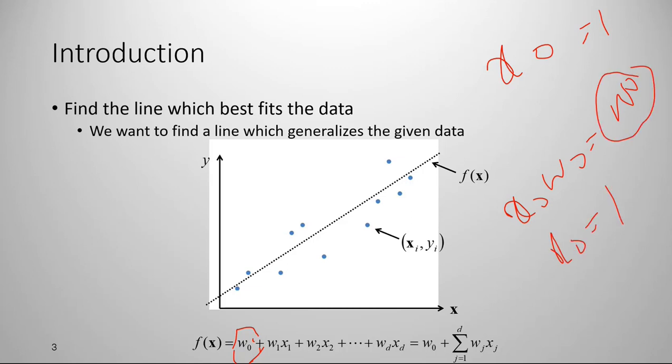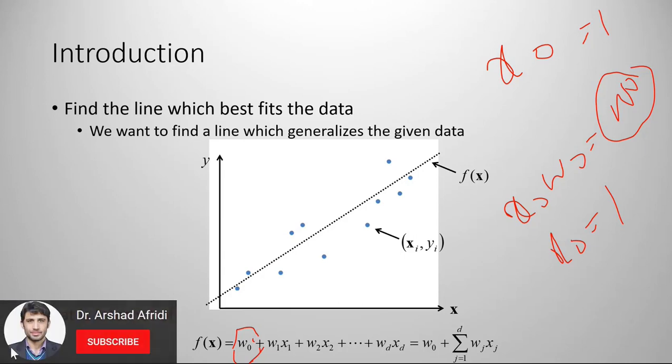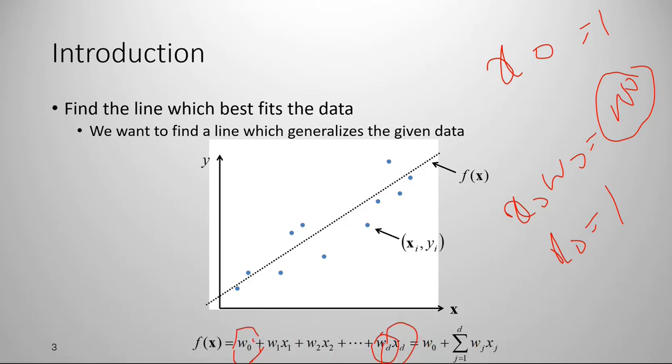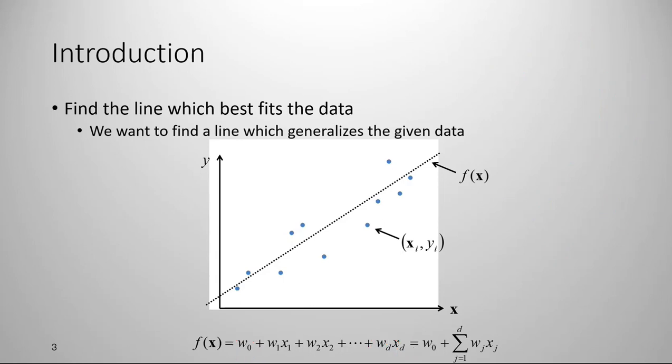That is why W0 appears without an X. Then W1, W2, up to WD, so there are D dimensions on the X-axis. Because there is no X in the first term, we represent the whole summation in this form. Is this clear? Any confusion with this representation?